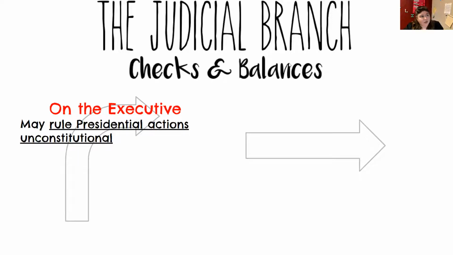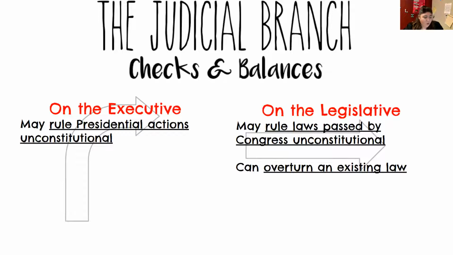Next, how does the judicial branch limit the legislative? Well, the judicial branch may rule laws passed by Congress unconstitutional. What that means is they can stop specific bills if they are considered unconstitutional, if they go against the Constitution. And the judicial branch can overturn any existing law.